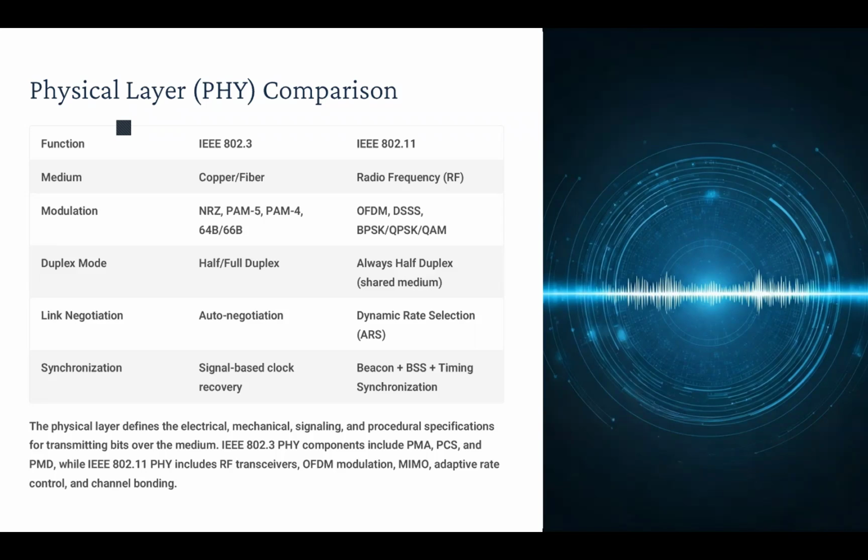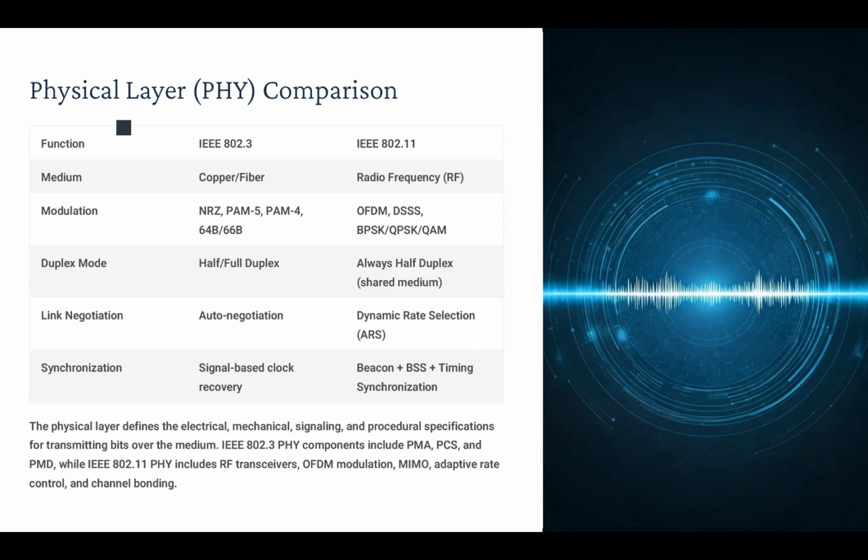In modulation techniques, Ethernet normally employs modulation and encoding schemes like non-return to zero, PAM5, or PAM4, which are optimized for high throughput and signal integrity through the cables. On the other hand, Wi-Fi uses advanced RF modulation schemes like DSSS or OFDM. These are designed for noisy, dynamic wireless environments.